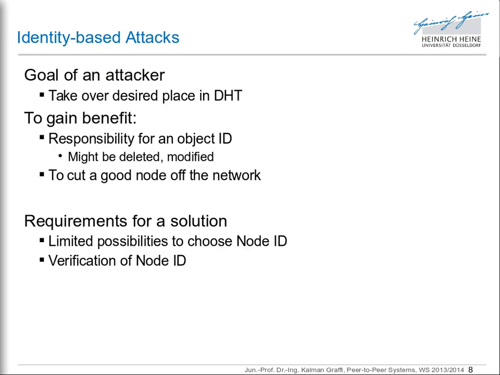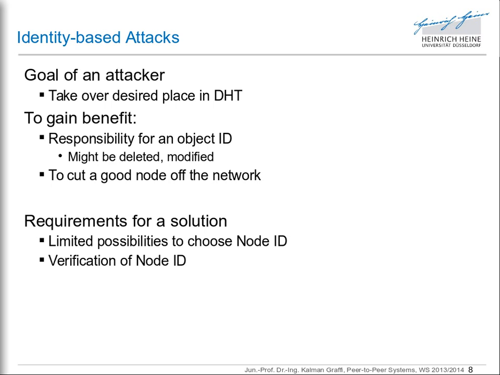Okay, now let's talk about a class of attacks, the identity-based attacks. The goal of the attacker is to take over a desired place in the DHT. This is done to gain a benefit.